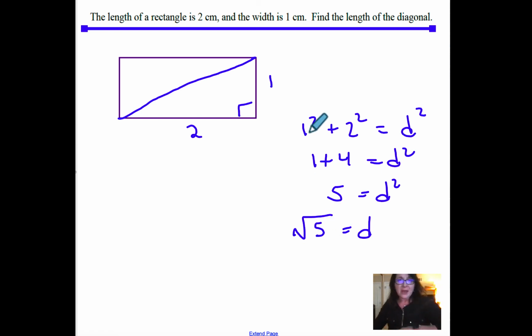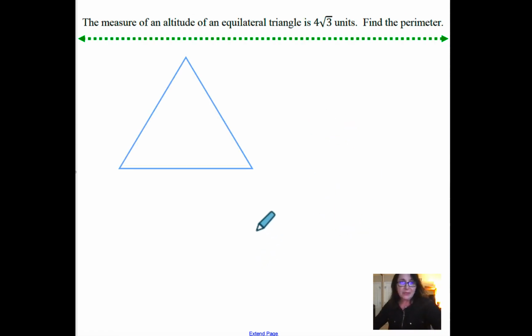All right. Next question. The measure of an altitude of an equilateral triangle is 4 root 3. Find the perimeter. So we're trying to find all the lengths around the outside of the equilateral triangle. It says the altitude, which is the length that comes straight down.